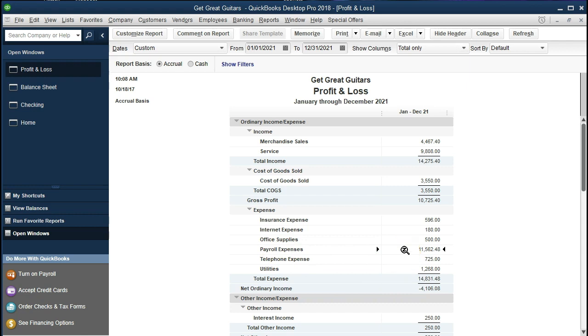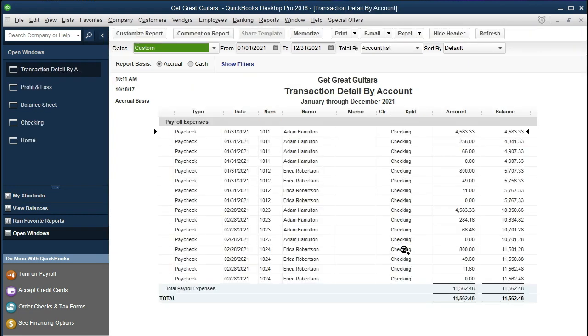If we double click on the Payroll Expenses, we scroll down and we look at our two items. Now it's broken out into a lot more detail. This is going to be a little confusing when we look at the activity, because we see more than just one line item for the entire payroll that was recorded. It's broken out by these. Looks like these are the two checks we just wrote. This is going to be for the entire amount, including gross pay, including the amount that was taken out for payroll taxes from them.